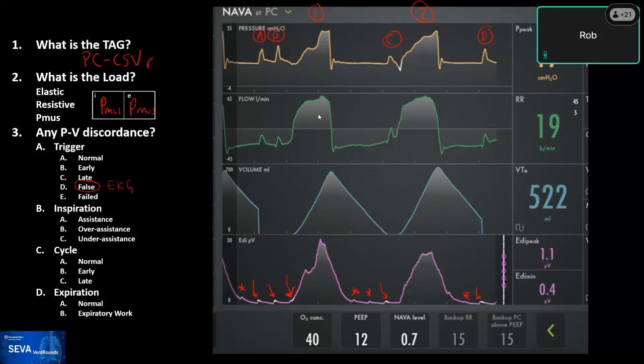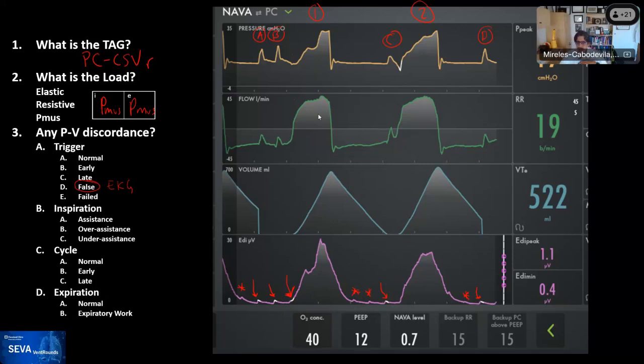But I think a peak of 1.1 is relatively low. Well, the EDI that is measured right now is for one of those false triggers. Okay, there you go. If you see the scale on the side, some of the peaks were close to 30, some were close to 25. So there's a range of values for the EDI activity.